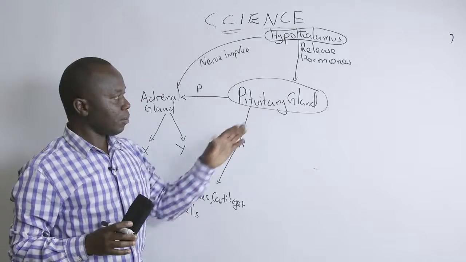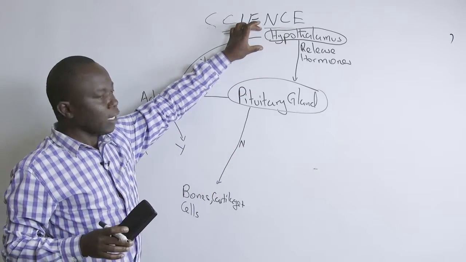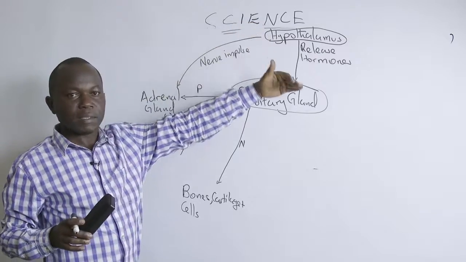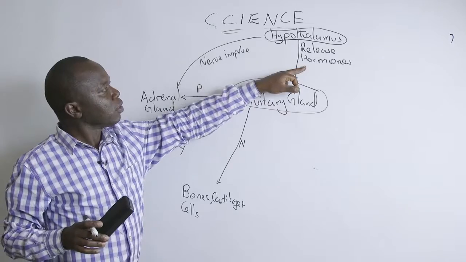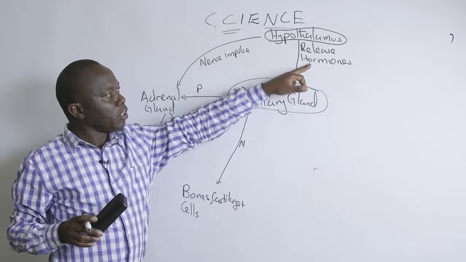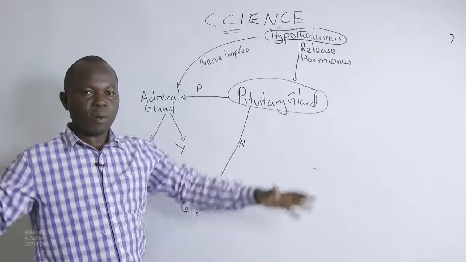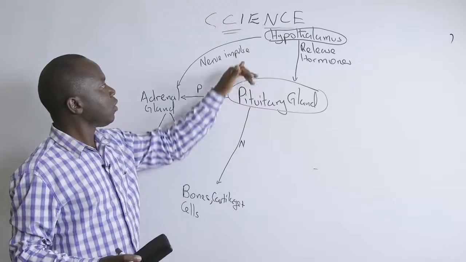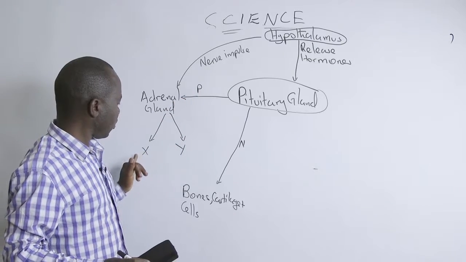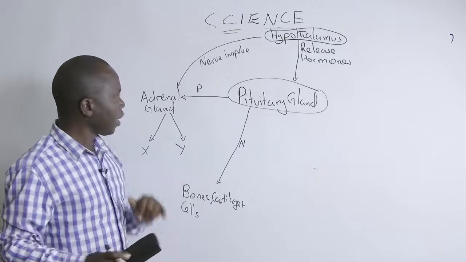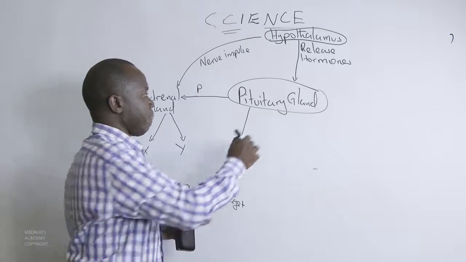So from this diagram, even before we go very far, there's a relationship between the nervous system and the endocrine system. There could be a relation through release of hormones to pituitary gland, which will now release hormones to other glands, or through a nerve impulse, like to adrenal gland, so that now it releases hormone X and Y. We have a hormone here, a hormone there.